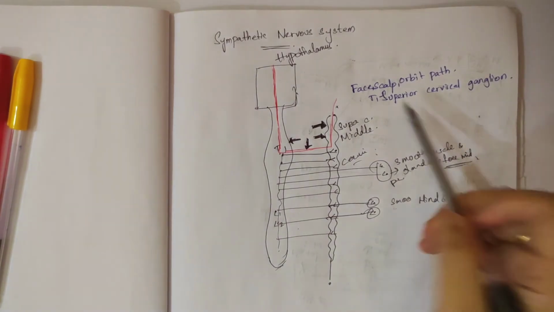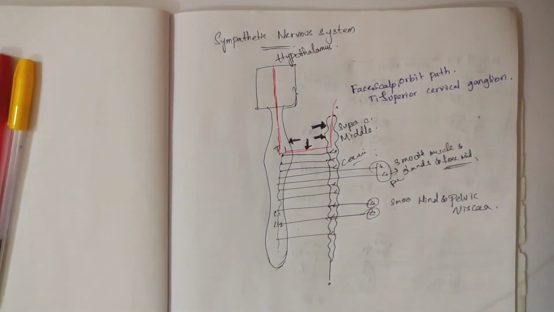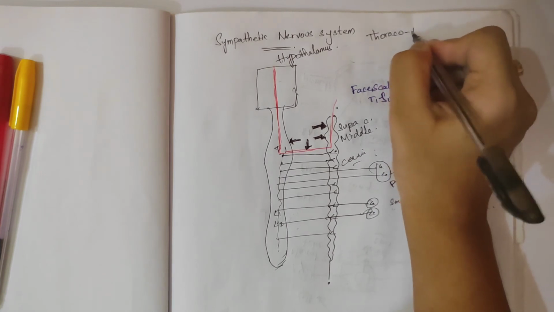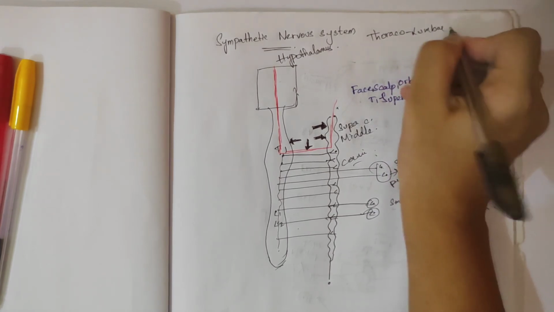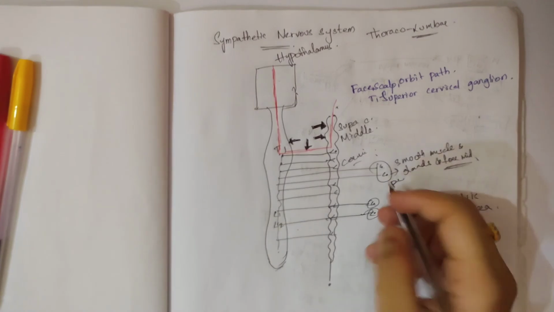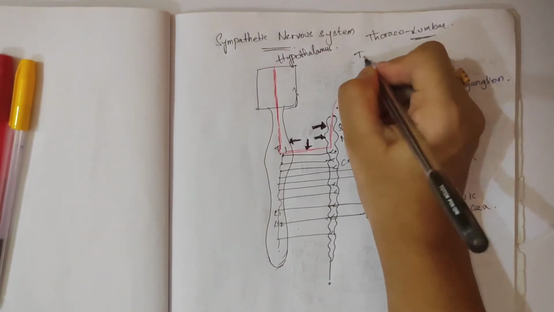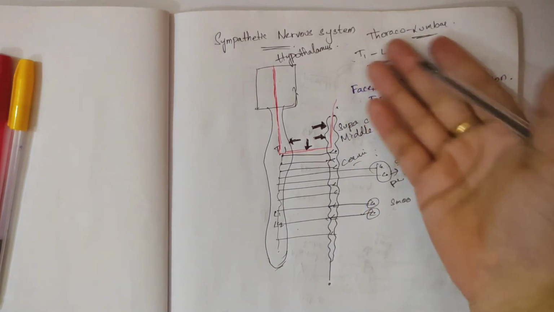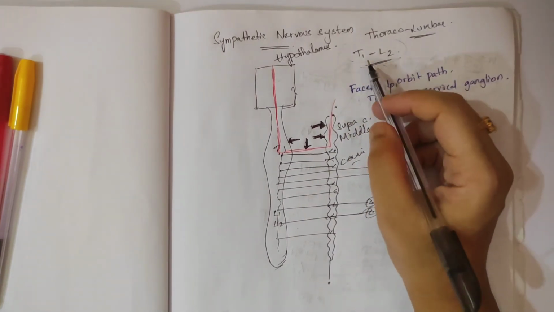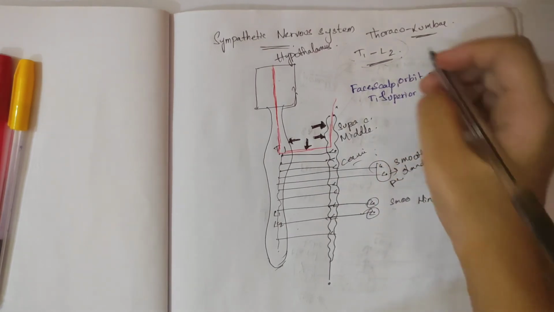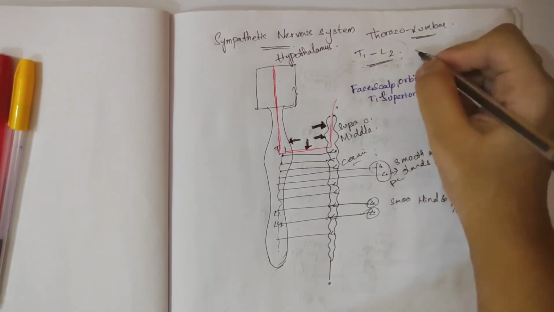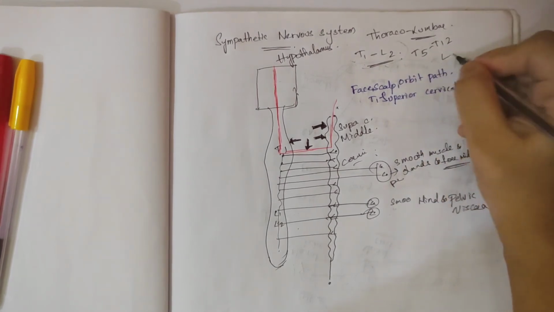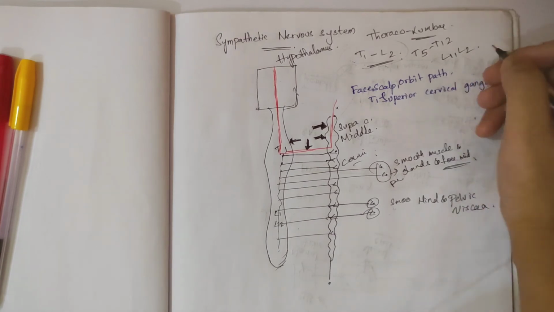Actually, I forgot to tell you that the sympathetic is nothing but the thoracolumbar outflow, because it consists of thoracic segments T1 to L2, that is spinal cord levels. It has the spinal cord levels of T1 to L2, that is thoracic nerves which are T5 to T12 and also L1 and L2.